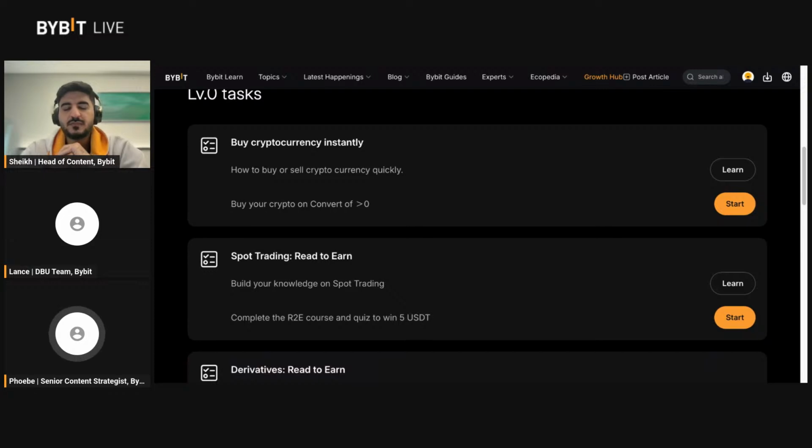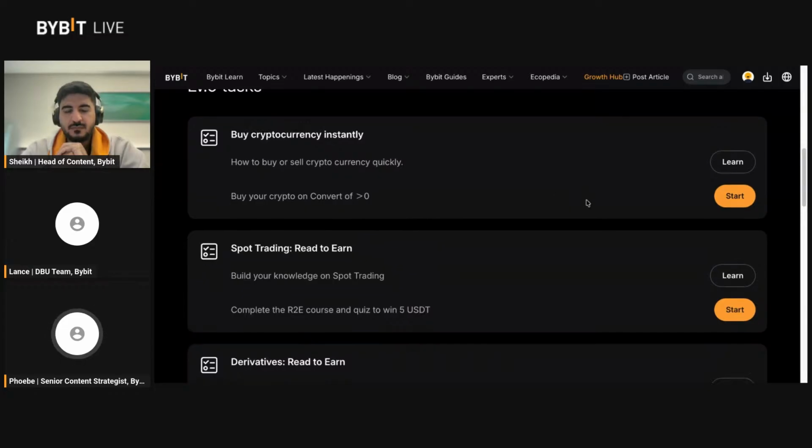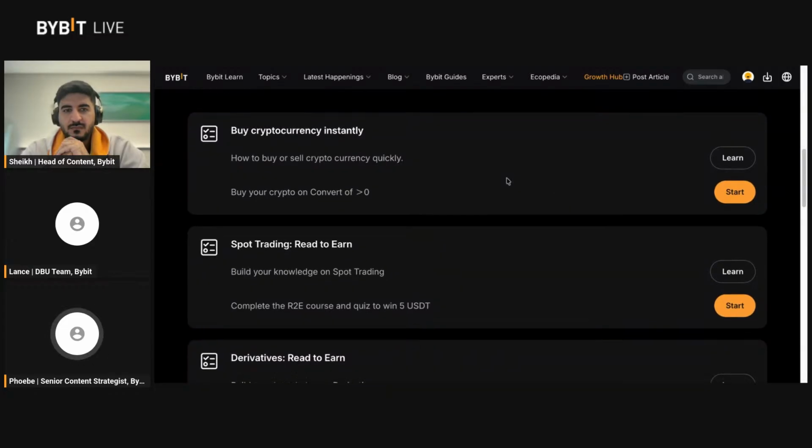So before you can trade, you need your account set up and your first sense of what crypto trading looks like, both for spot and derivatives. So these tasks are very beginner friendly. You can complete your identity verification, make a first-time deposit, and you can do very easy read-to-earn courses on spot and derivatives, buy crypto, and convert.